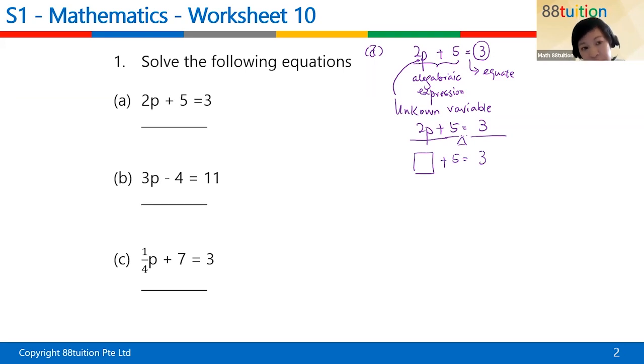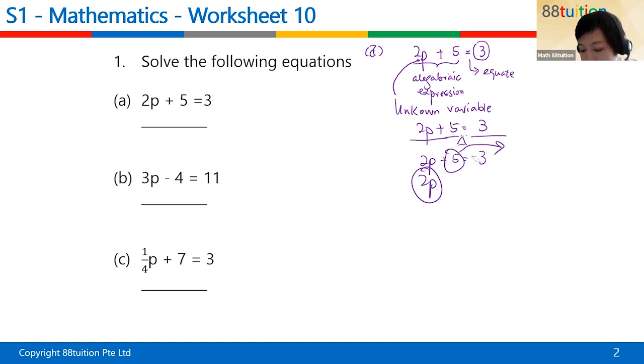In chapter 1, 2, or 3, you could have come across a smaller value minus a bigger value. Now probably your school will teach you something like this. This one is 2p plus 5. You want to leave the unknown here, you move this thing here. You know, it sounds very complicated.